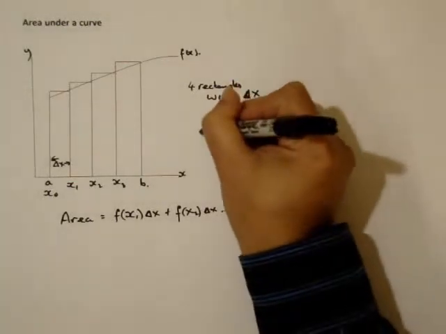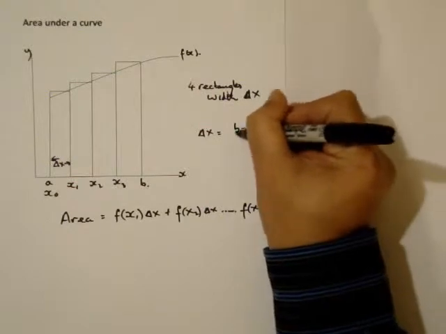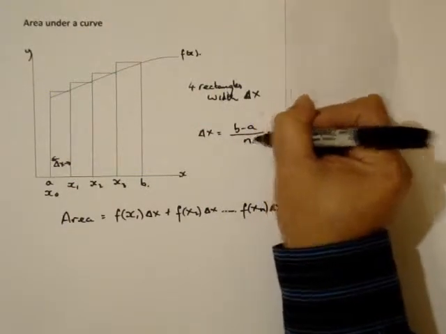Again, delta x is given by b minus a over the number of rectangles, which is n.